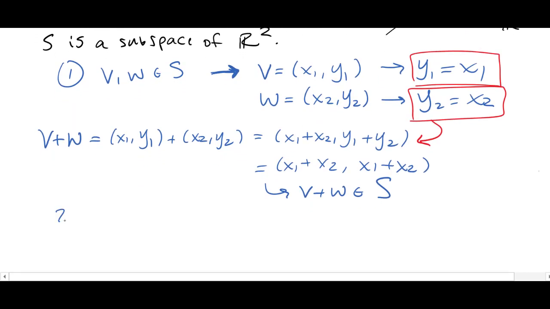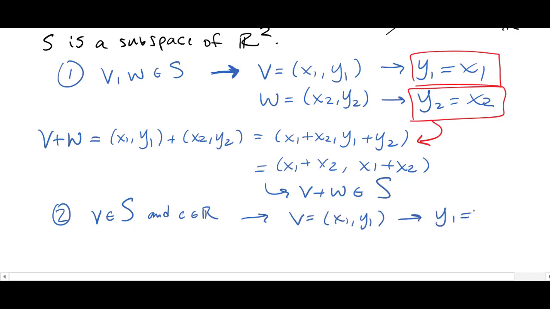Now I'll say V is in S and C is any real number. So V is x1, y1, where y1 is the same as x1. So C times V is C times this vector. If you move the scalar inside, you get cx1, cy1.